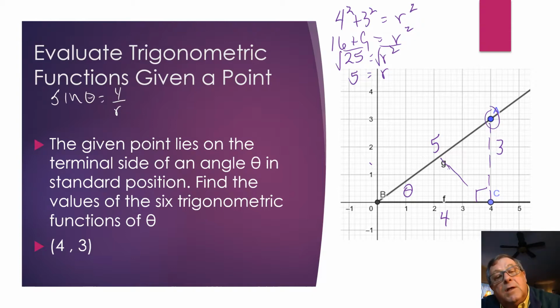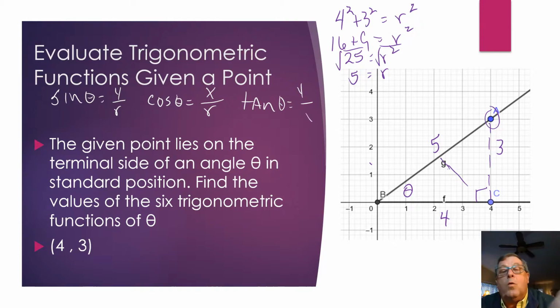And let's see, what would the cosine of theta be? Well, it'd be the adjacent side, which is the distance along the x-axis, or the x-coordinate. So I could say it is x over the radius, which is the hypotenuse. And then what about the tangent? Well, the opposite side of theta is the y-coordinate, and the adjacent side is the distance of the x-coordinate.